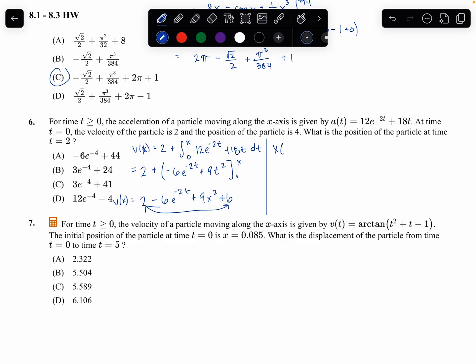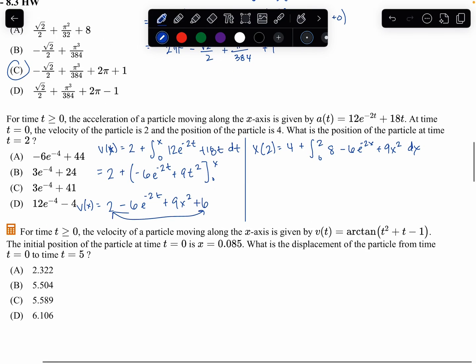So x of 2 will be equal to 4 plus the integral from 0 to 2 of 8 minus 6e to the negative 2x plus 9x squared dx. Okay.